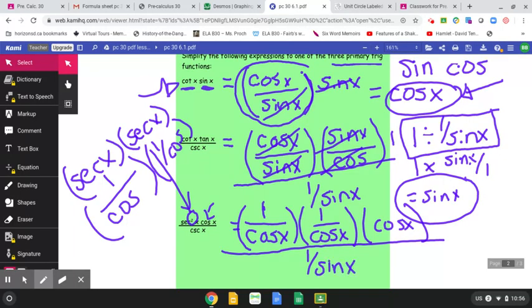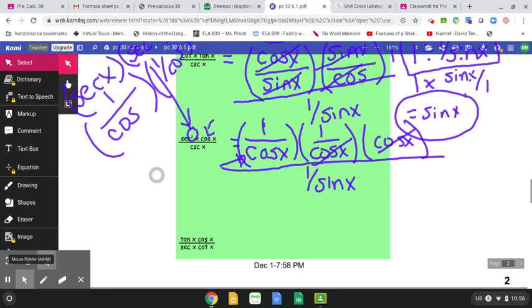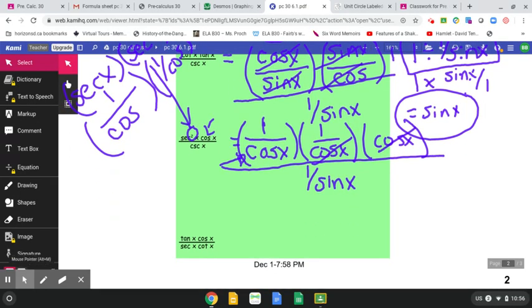Sine. Good. So looking at this right now, I have a cos x in my numerator and a cos x in my denominator. I can't cancel this cos x over here because I don't have 2 in my numerator. I just had 1. So what am I left with in my numerator? I'm left with 1 over cos x, because this went away and this went away.